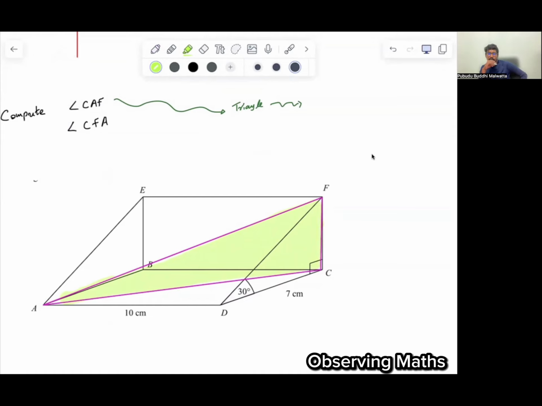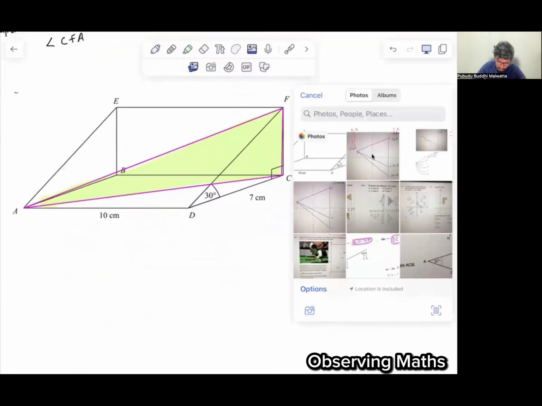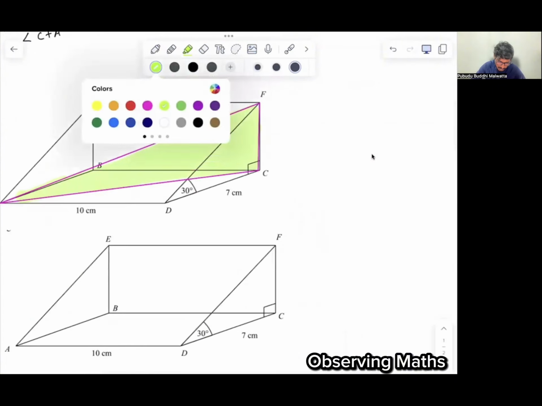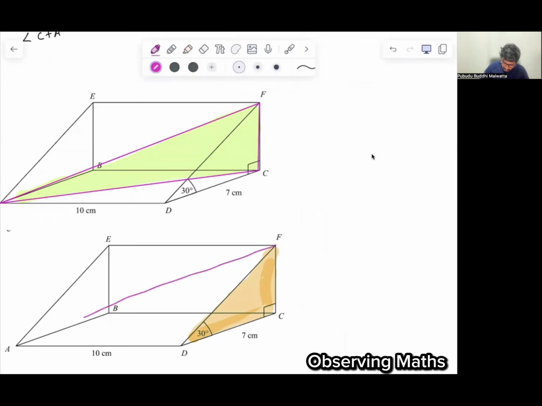So the interesting question is, can you understand the difference between that triangle and the CDF triangle? Can you identify the difference? It's a slight difference because it's a different plane, two different planes, right?